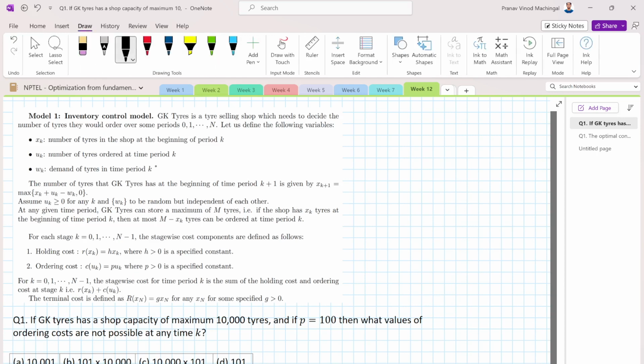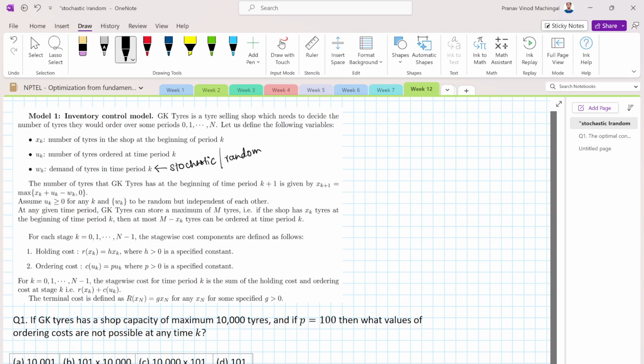So this is stochastic. The demand would come randomly at each time period. The number of tires that JK Tires has at the beginning of time period k plus 1 is given by xk plus 1 equal to max of xk plus uk minus wk.